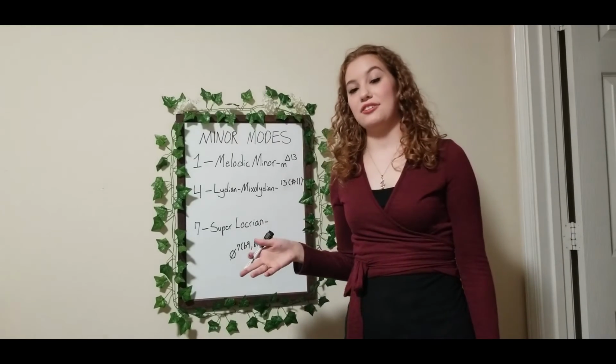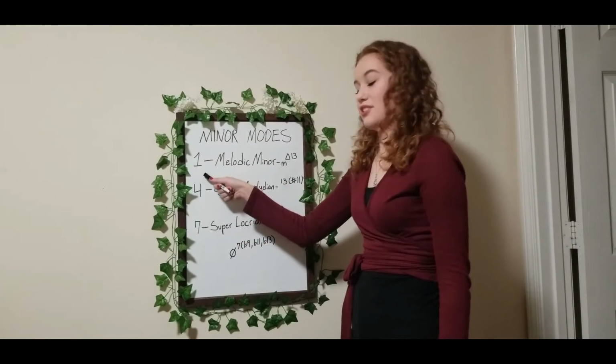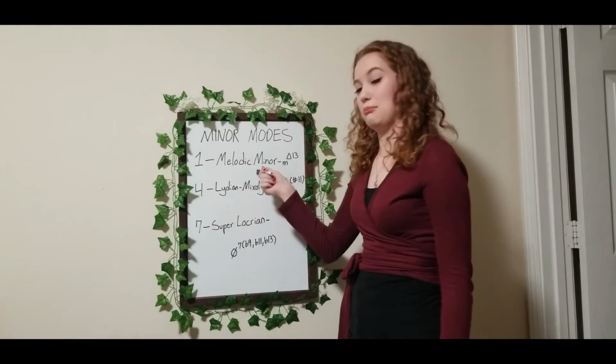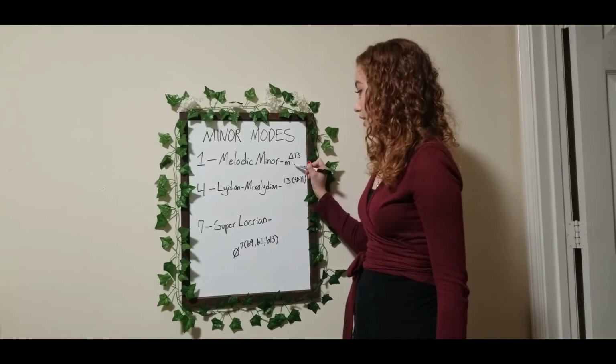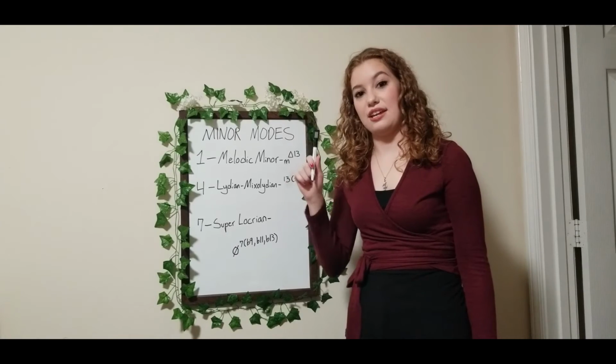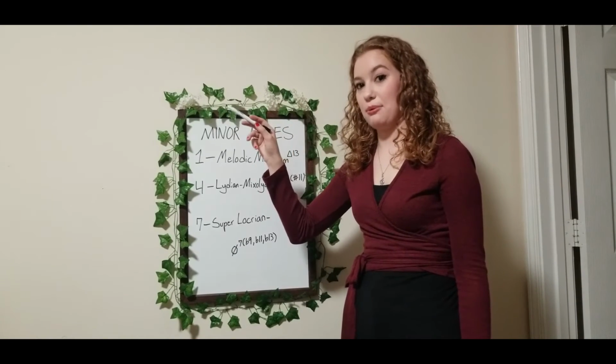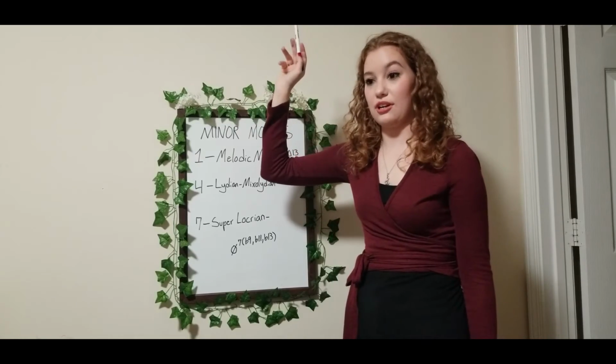Luckily, in minor key signatures, there are only 3 modes that you really need to be aware of. The first is built on the first scale degree. It's the melodic minor mode, and you end up with a minor major 13. Remember that this is a minor triad with a major 7th on top, and all of the rest of the notes are native to the key.